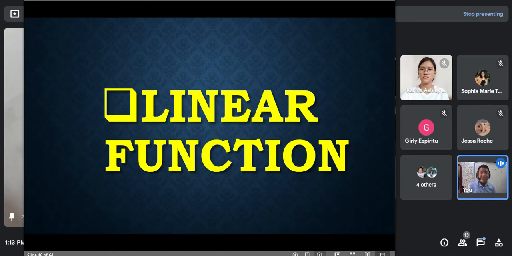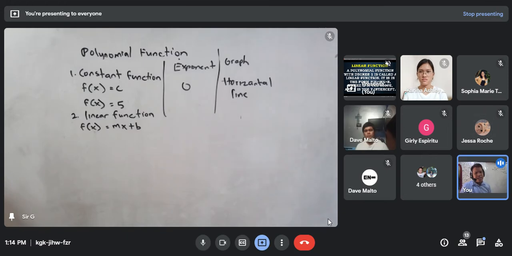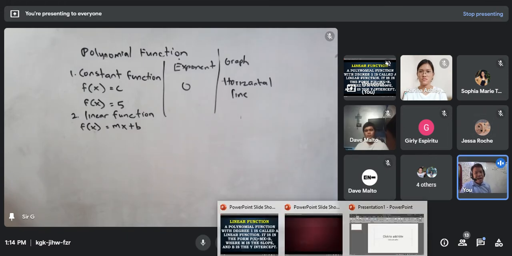Okay, so meron tayong tinatawag na linear function. Okay, so pakibasa, Jessa. Okay, so thank you. Basta, kapag linear, ilan daw yung highest degree niya?